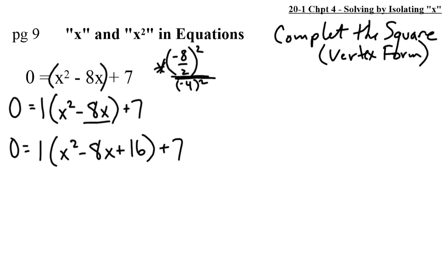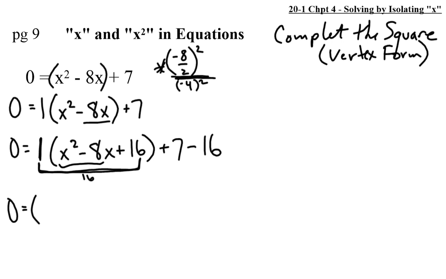However, when we put that 16 in, 1 times 16, we added a value of 16, so we need to subtract 16 to balance that out. What do we get left with? 1 out front, which really isn't necessary.